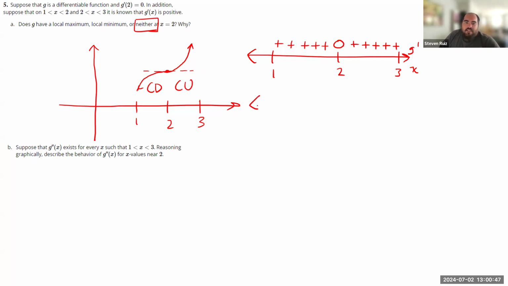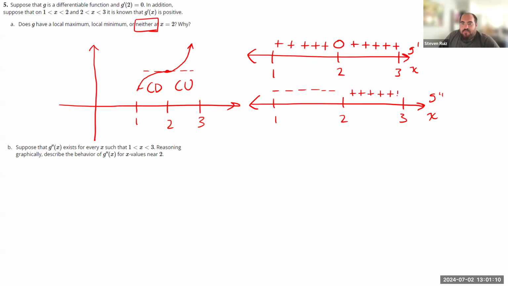So now let's draw a second sign chart for the second derivative, g double prime. I'm only looking from 1 to 3. From 1 to 2, I have a function that is concave down, so negative. And from 2 to 3, I have a function that's concave up, which means there must be a point, right at x equals 2, where g double prime is 0.